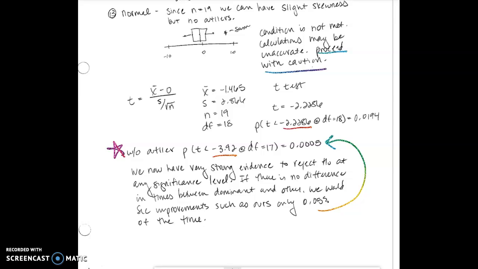The confusion may be that if you were just given the original data, just dominant and other, you're sometimes given the list of differences. Sometimes you have to find the list of differences. You are sometimes given only the list of differences. In that case, it shouldn't be too confusing whether it's a matched pairs test or a two sample test.